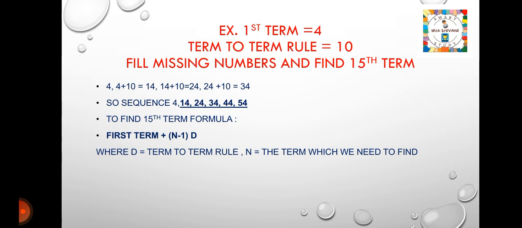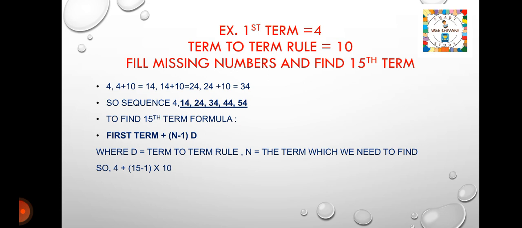Now looking very carefully at the question, we have the values for the given formula. We have to just replace the variables in the formula with the given values. So the first term is 4, n is 15, and d is 10.